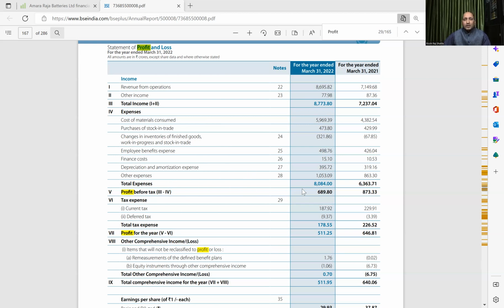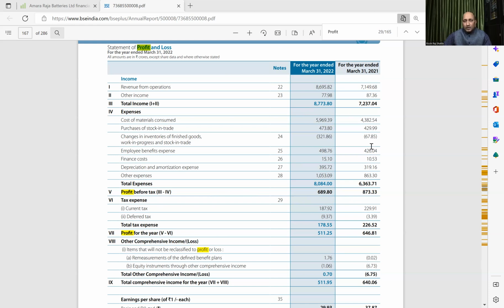So total expense is coming 8,084. Here total income minus total expense is 689.8, or we can say 690 crore is profit, or we can say operational profit, OPM here.